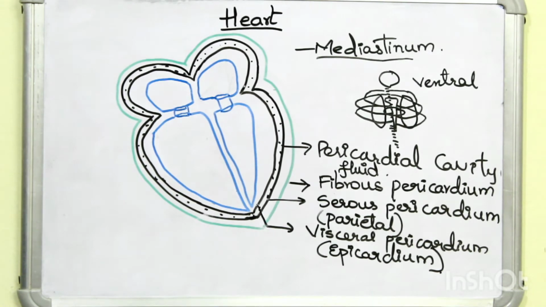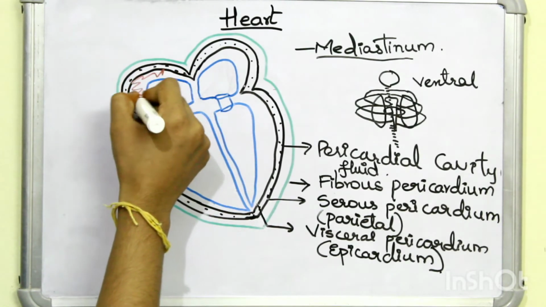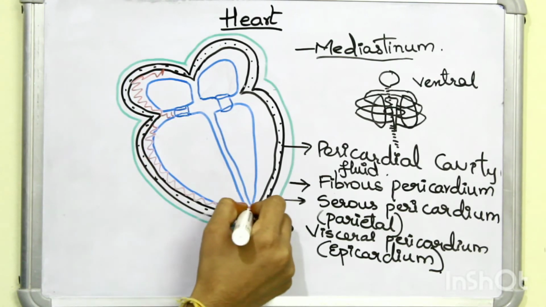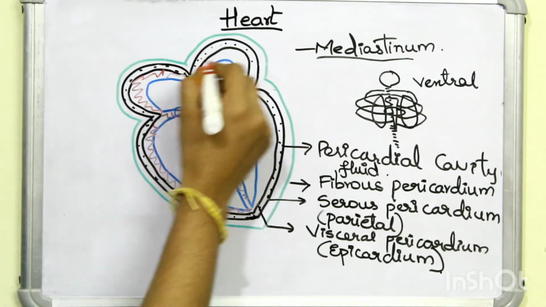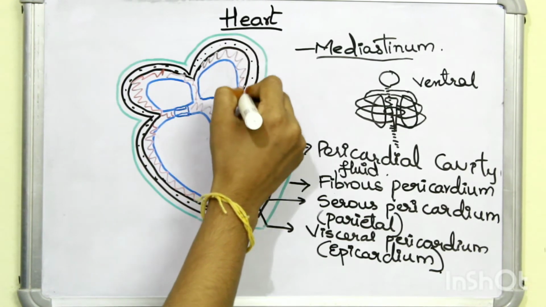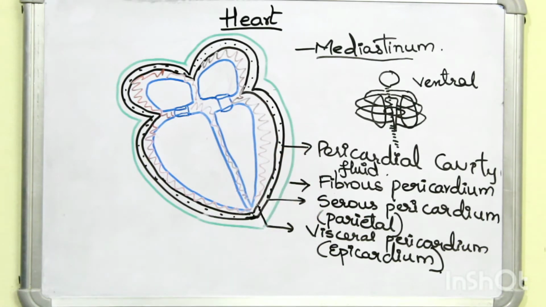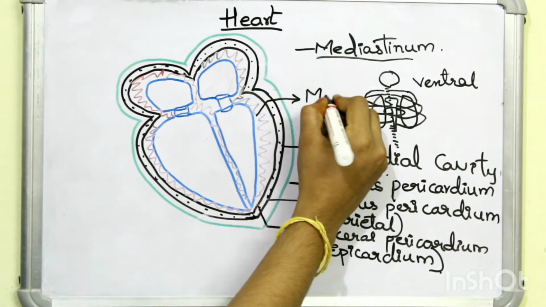Coming to the layer inner to the epicardium, we find a muscle layer, totally made of muscle cells. Why are muscles required? For contraction of the heart. This muscle layer is called the myocardium.